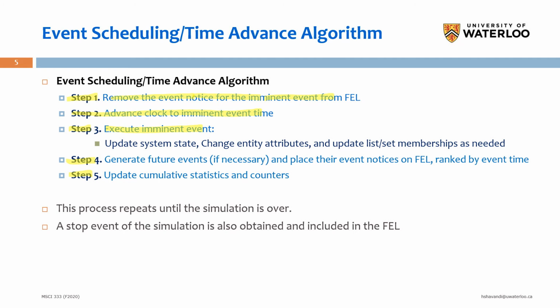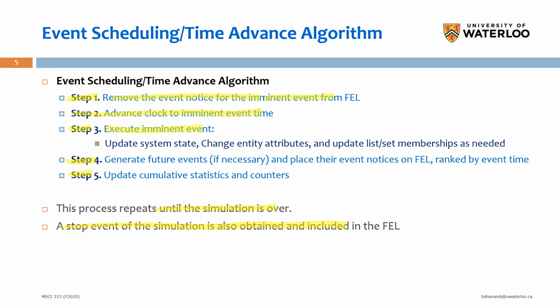This process repeats until the simulation is over. As you see, the core part of a simulation model is the event scheduling or time advance algorithm. The stop event of the simulation is also obtained and included in the future event list.